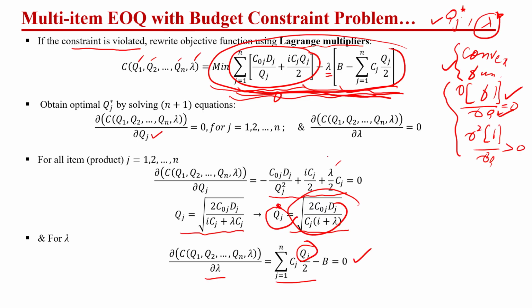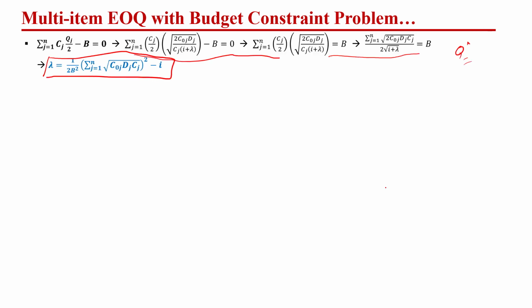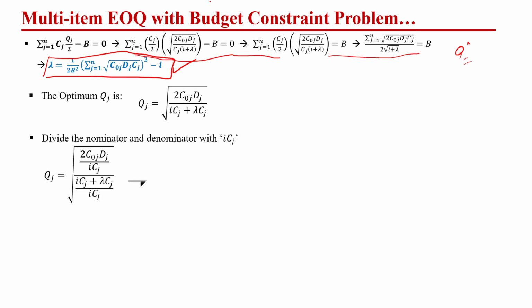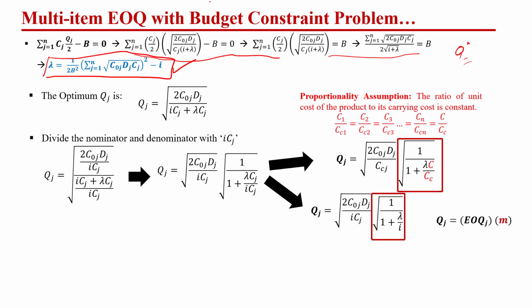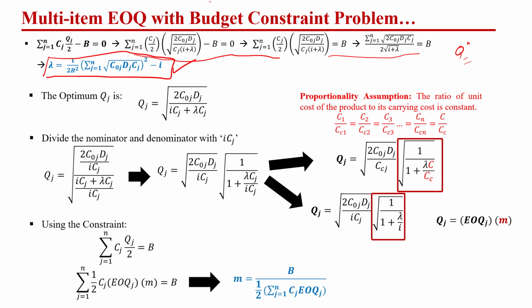That is this one, and then we should also know the value of lambda using this formula. The other approach, if you do not want to find out the value of lambda, is this: once we have got the value of q, here we do not know the value of lambda, so I can do some mathematical operations on that one.